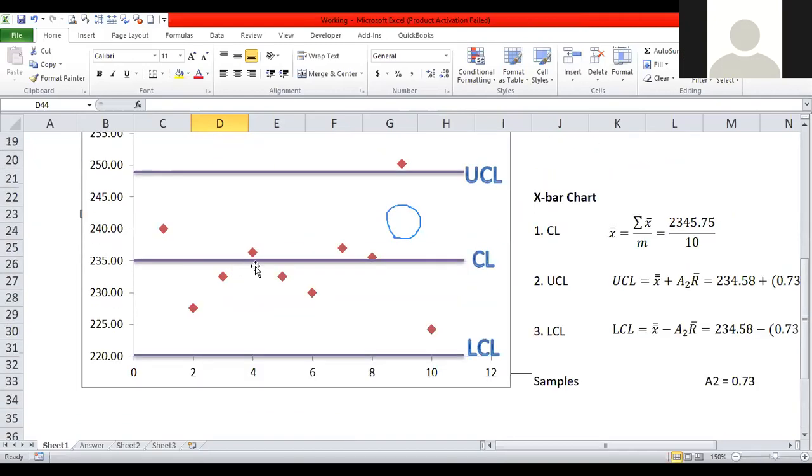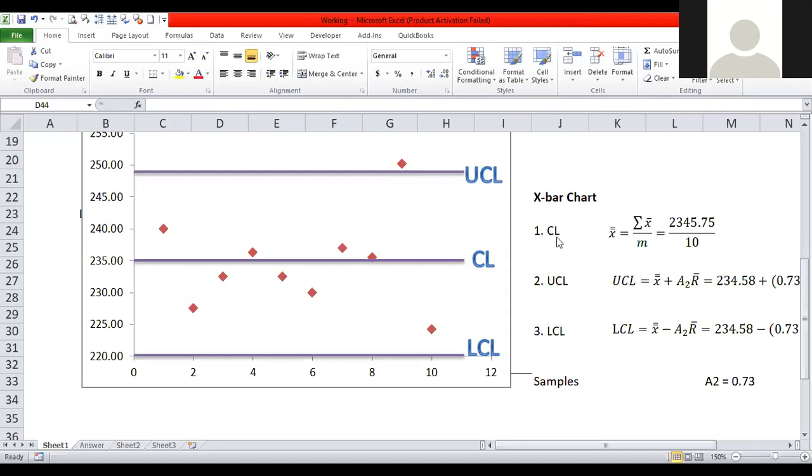Why is the average different, right? So this is the idea behind these control charts. Now you know the benefits of a control chart. By drawing the control chart, you can simply find out whether your process is under control or not.